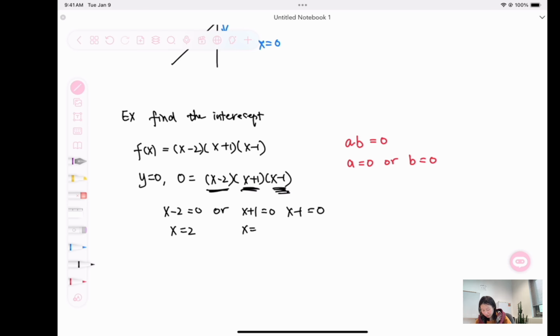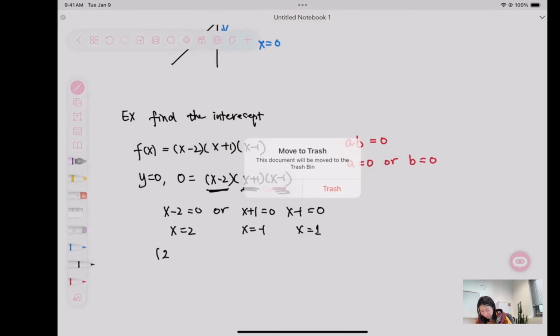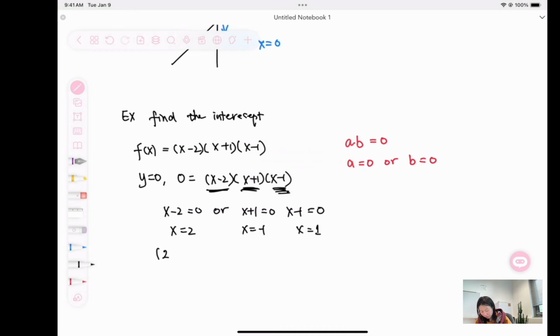When we solve it, we have x equals 2, x equals -1, and x equals 1. So that means we have (2, 0), (-1, 0), and (1, 0) as our x-intercepts.